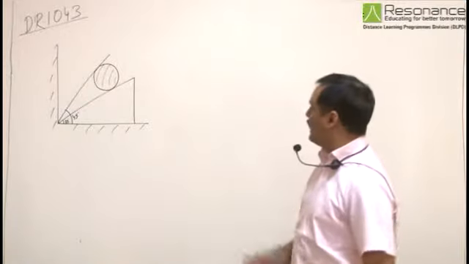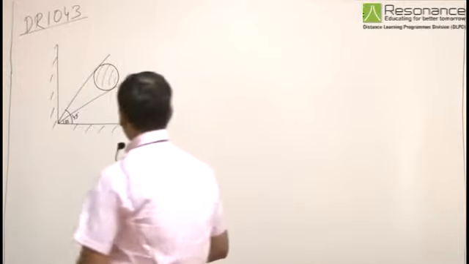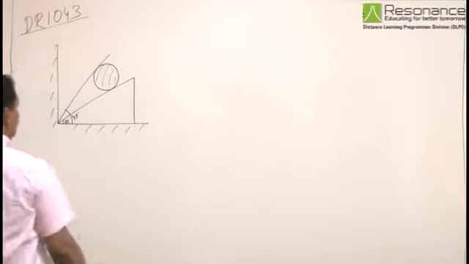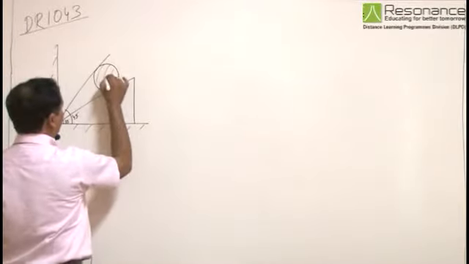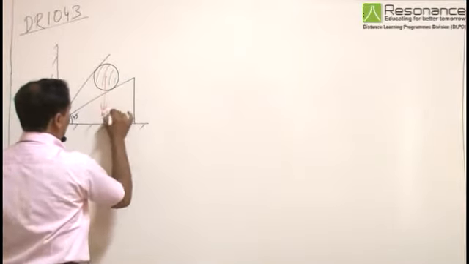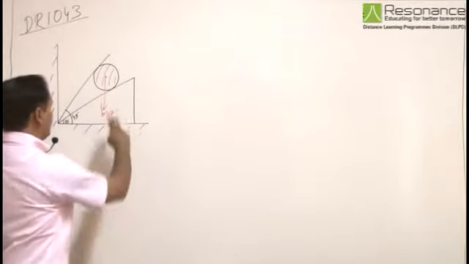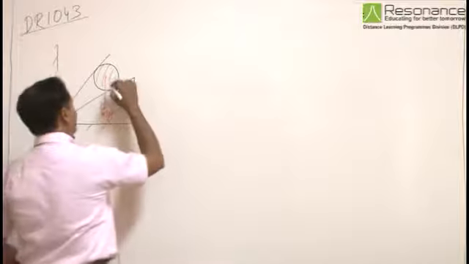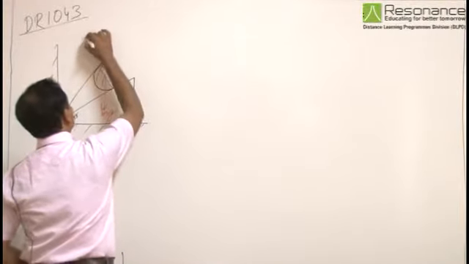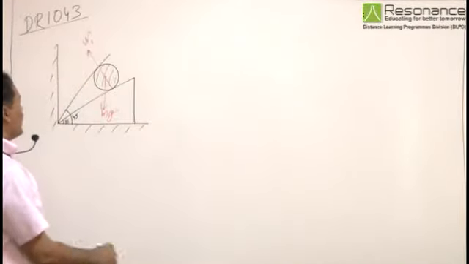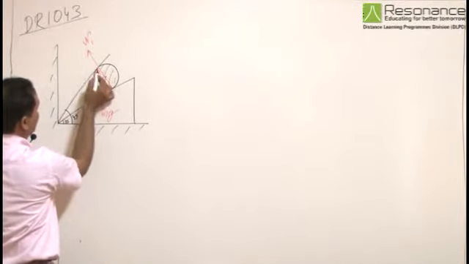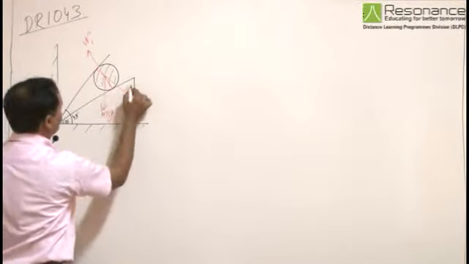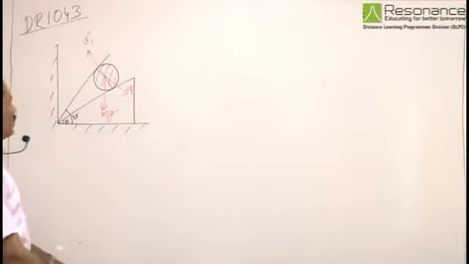So we need to find the forces acting on the ball at its equilibrium position. Because of the weight of the ball, mg is acting downward. Because of the contact surface, a normal reaction N1 is acting upward. Because of the other contact surface, another normal reaction N2 is acting downward.